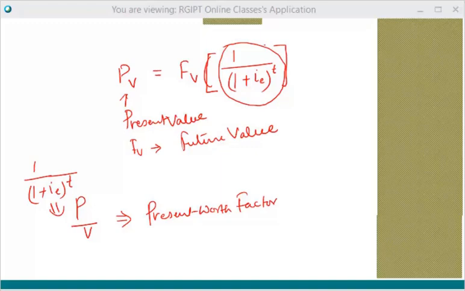Now, we used this equation for some of the simple calculations that you did. Very similar is what we do in the future value of a present sum.